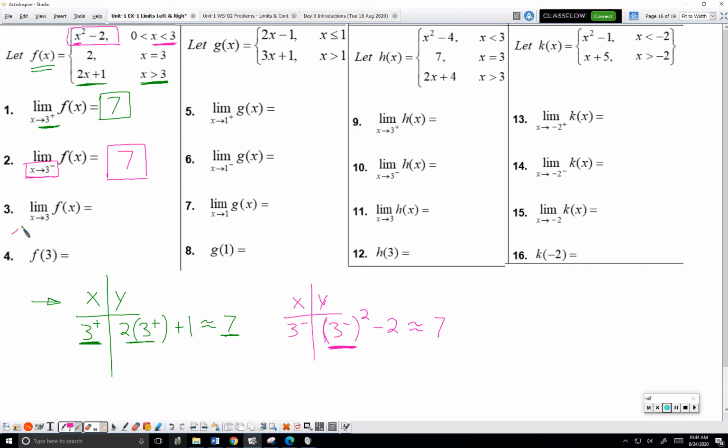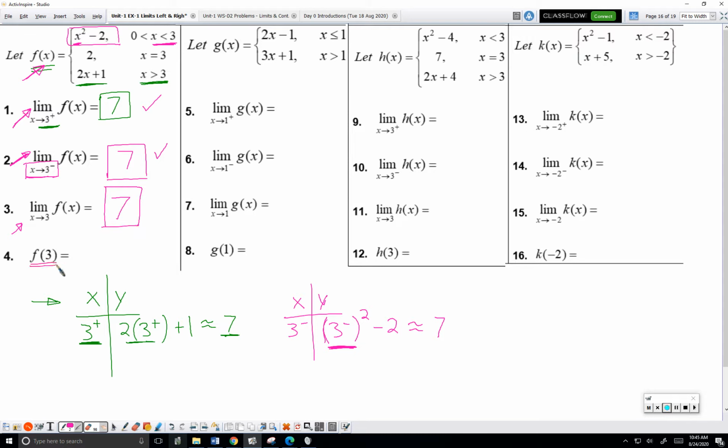To answer this question, I do not look at this at all. I do not look up here. I only look at the results of the left and the right. Because they're both 7, this is 7. I don't do any computations, I just do a comparison.